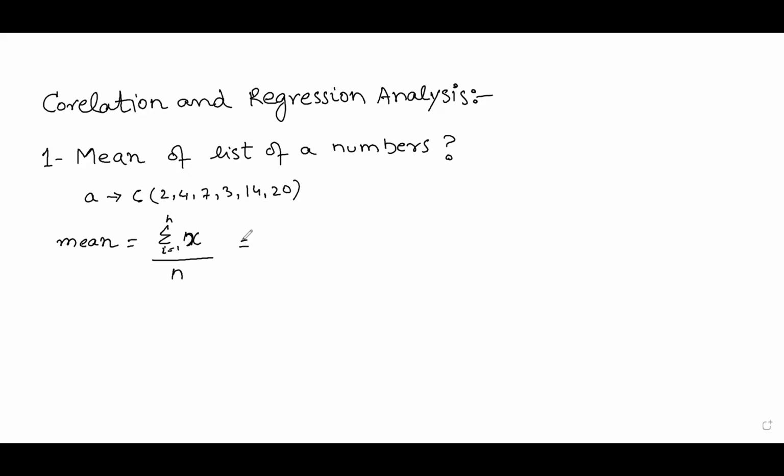Or we can say that 2 plus 4 plus 7 plus 3 plus 14 plus 20 divided by 1, 2, 3, 4, 5, 6 values. So what will be the mean? Can anyone tell me the mean? What will be the mean?